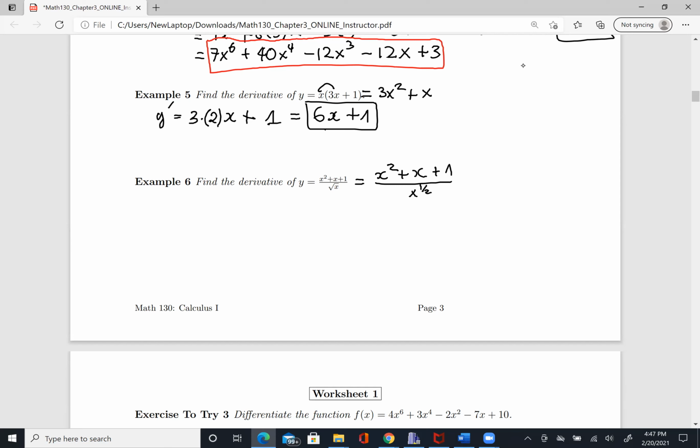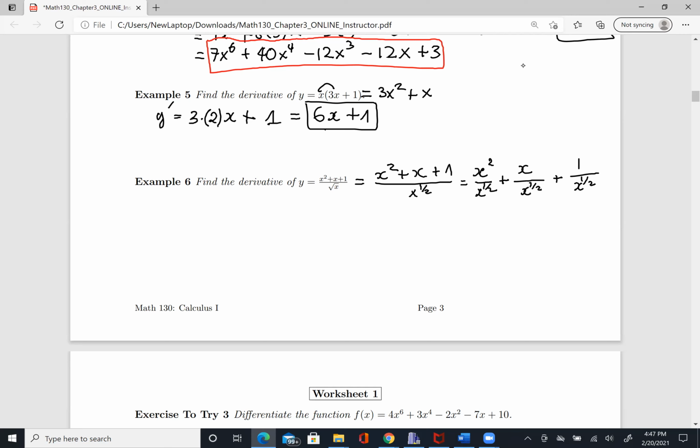If you remember the algebra stuff, you can change it to divide for each term, as x squared over x power 1/2 plus x over x power 1/2 plus 1 over x power 1/2. See that?